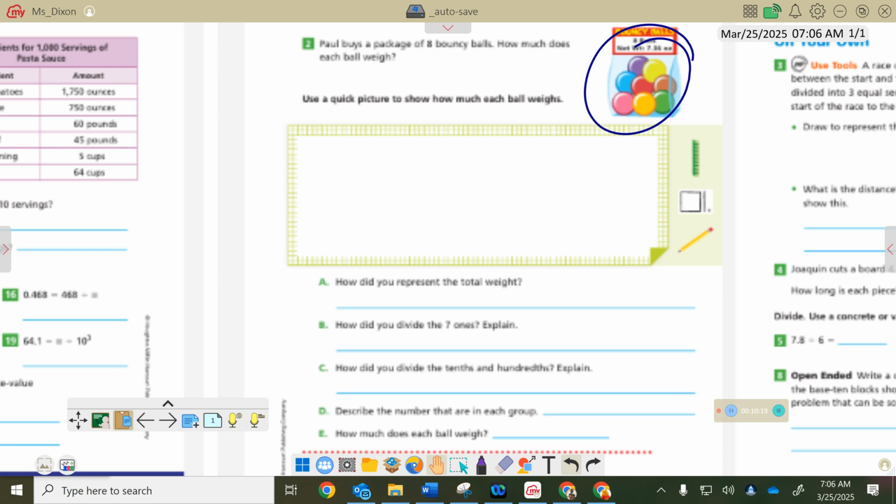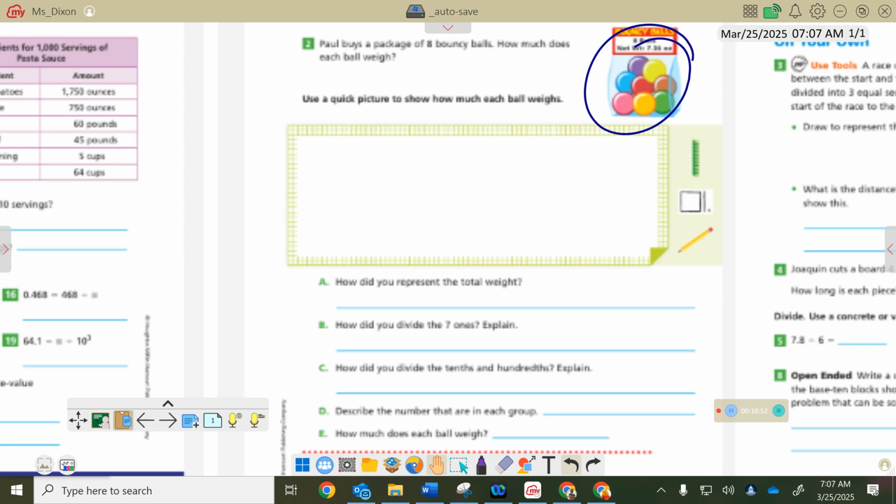So to get started, we are going to have to take the 7 and 3 hundredths. We're going to take the 7 whole pounds that the bouncy ball weighs and break those 7 wholes into tenths. That's going to give us a total of 70 tenths, because each of the wholes has 10 tenths in it.